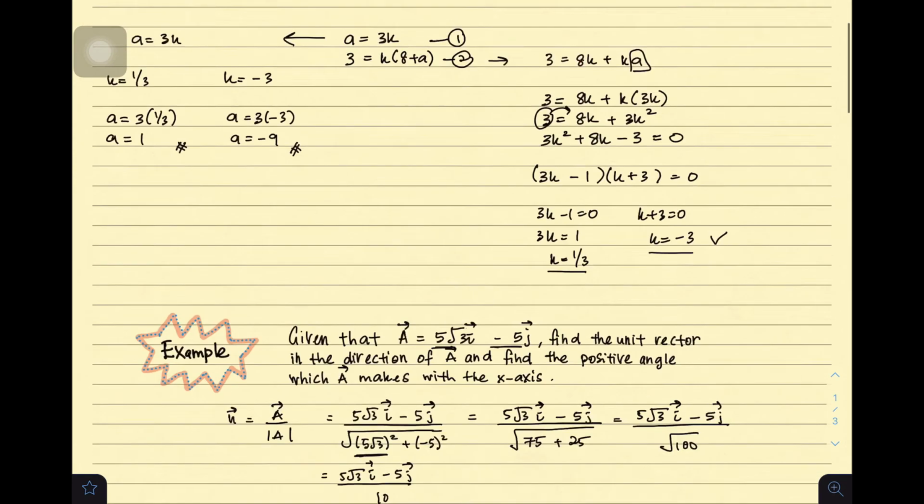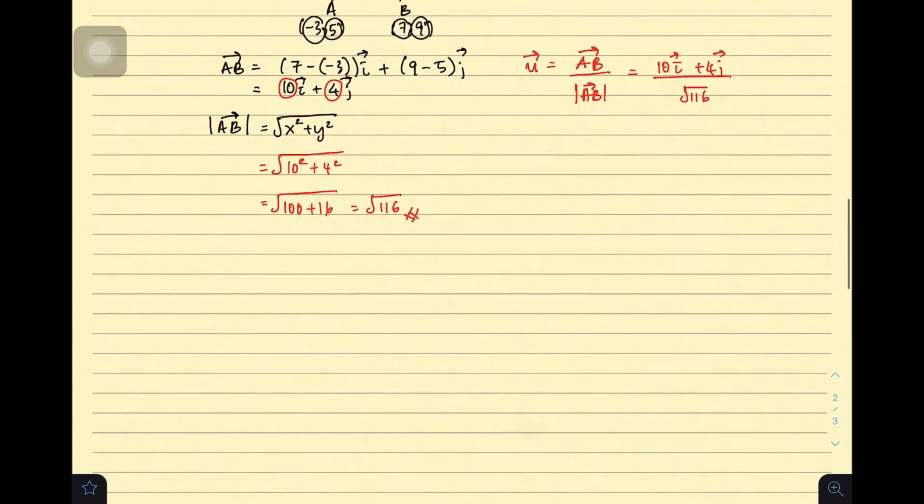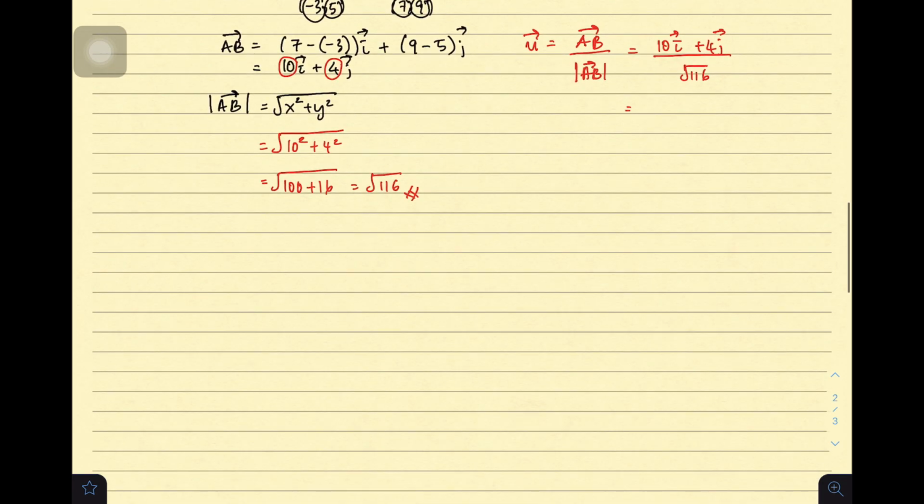Therefore, the unit vector of vector AB is equal to 10 over the square root of 116 i plus 4 over the square root of 116 j. So this is your unit vector.